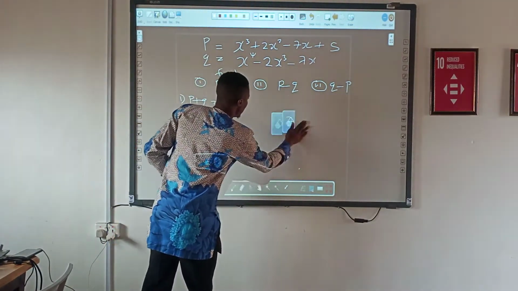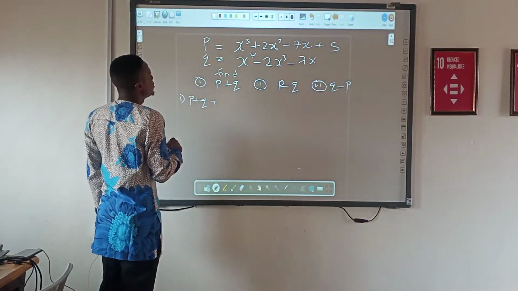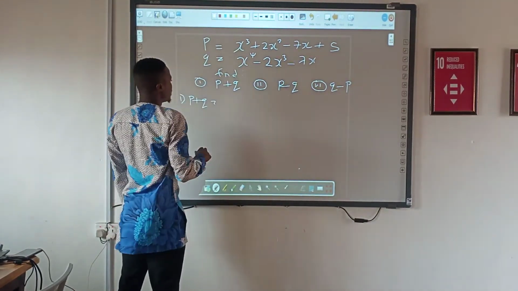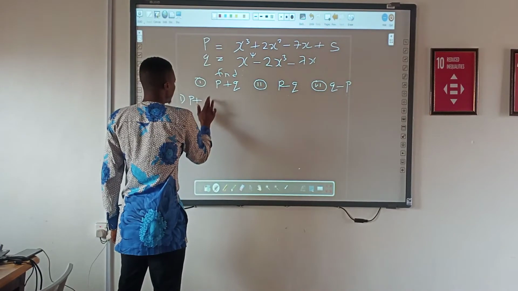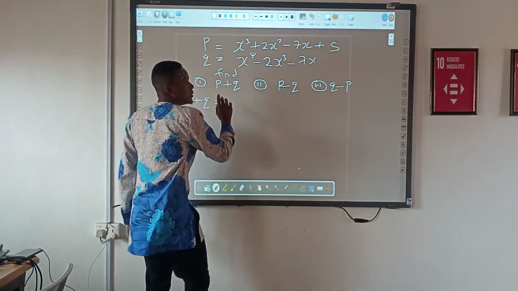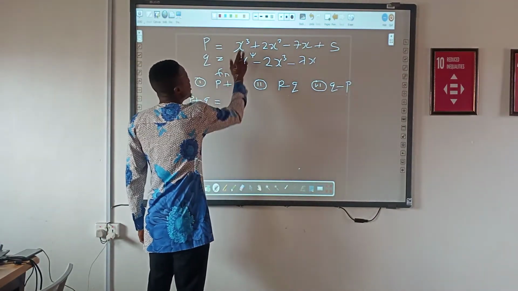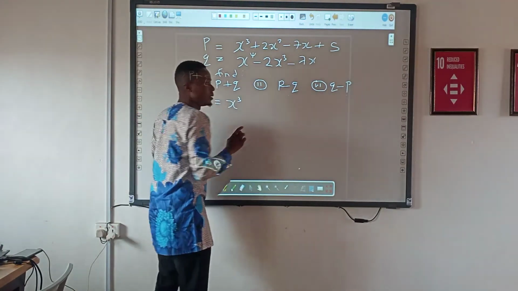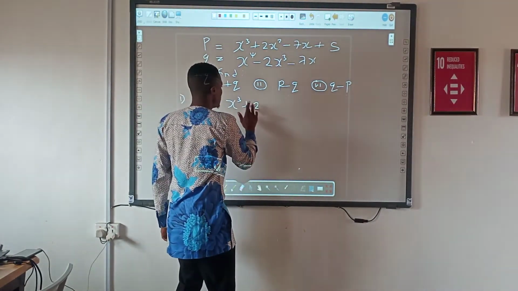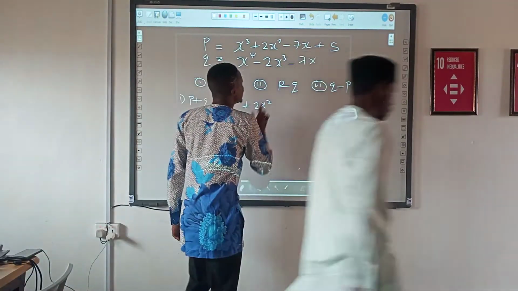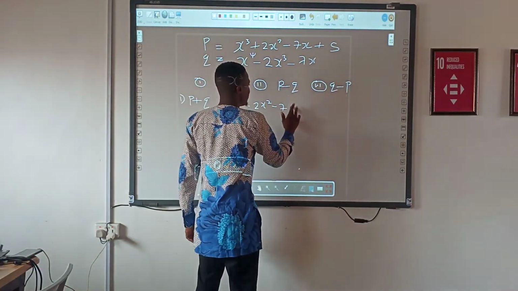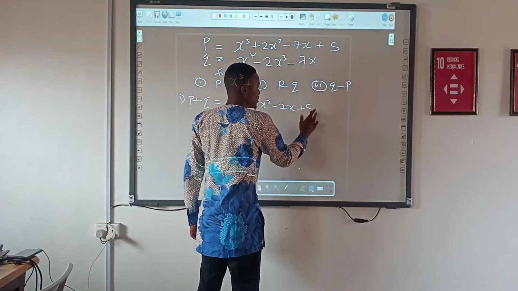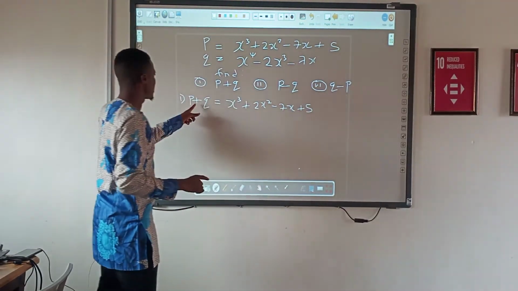Then, to solve P plus Q, this is P, right? Yes. Good morning. So you have x cubed plus 2x squared minus 7x plus 5. Then we are asked to do what?